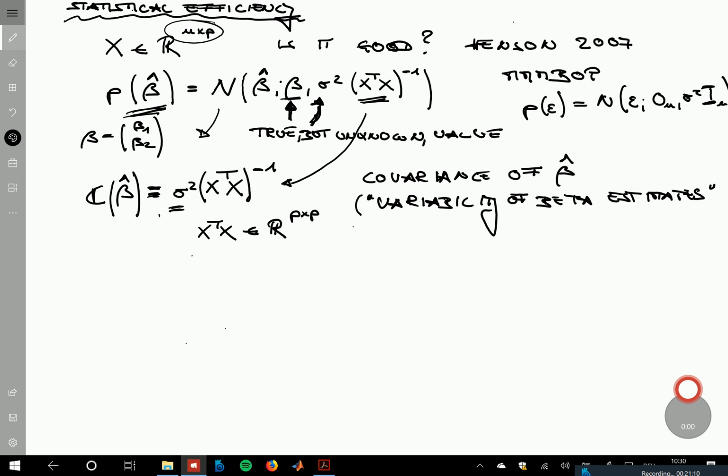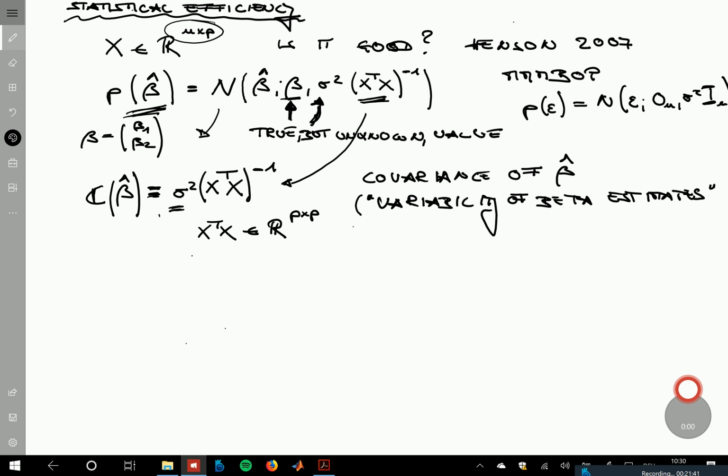So you might look at only beta 1, or you're interested in the difference between beta 1 and beta 2, or some other linear combination. And so that's one benefit. So you make it contrast dependent, and you reduce it to a single number.